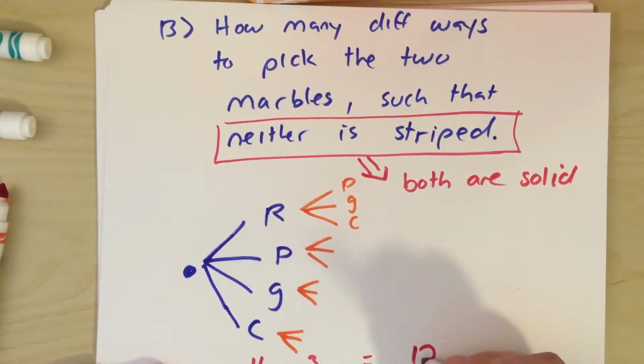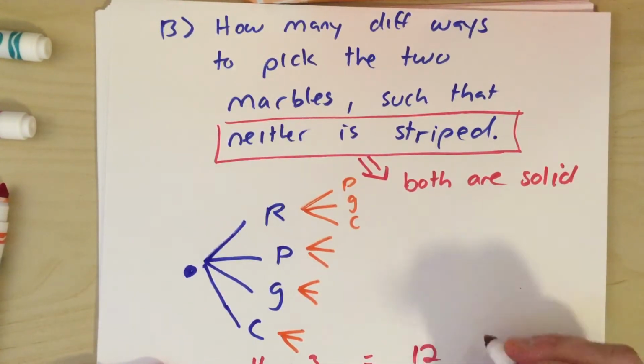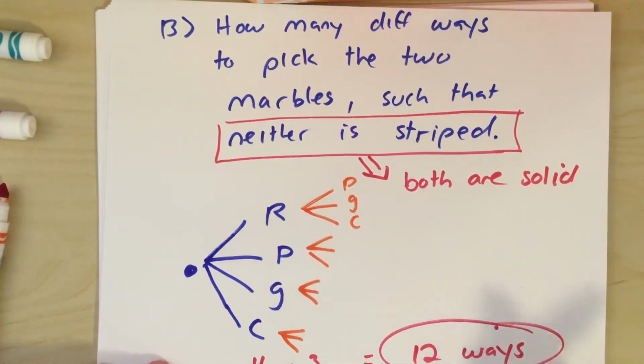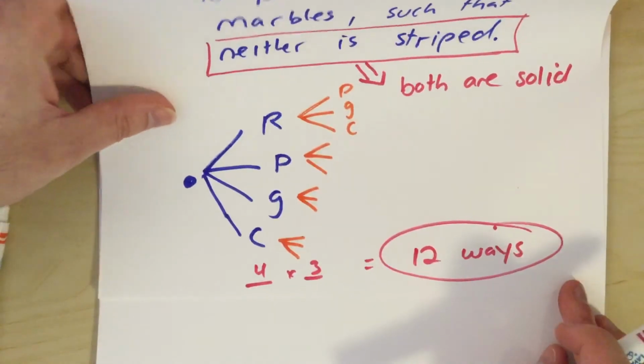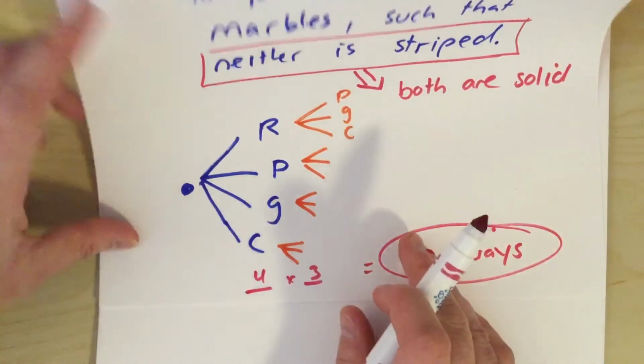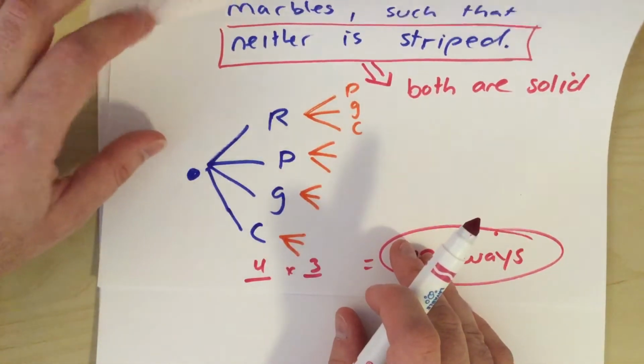We're going to have a total of 12 ways of doing this. There's 4 times 3, 12. Okay. C.